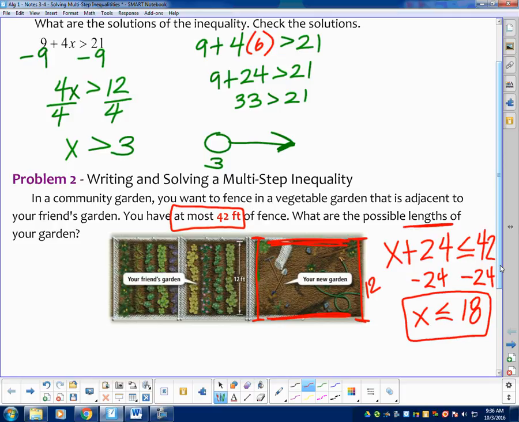So they're asking, what are some possible lengths of the garden? I can't have a garden 18 feet wide, because that'll take 2 of these. So what's the longest fence I can have across here if I can't use any more than 18 feet of fencing?